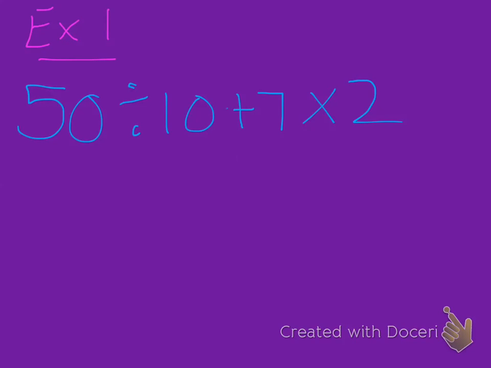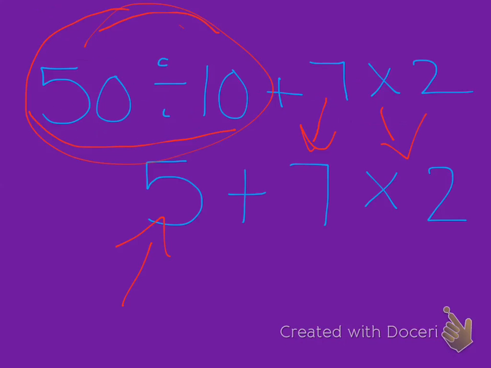Okay, the first example is 50 divided by 10 plus 7 times 2. So the first thing you do is 50 divided by 10, which is 5. Then bring down everything else, so the new equation is 5 plus 7 times 2.